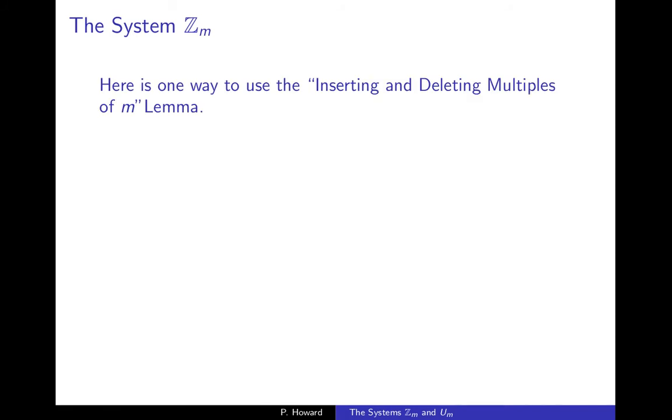So here's one way we could use the inserting and deleting multiples of m lemma. I want to find minus 11 mod 5. Well, I know that inside this mod m, I can add or subtract multiples of 5 without changing the value of the expression. So I'm going to add 5s. Could use the division algorithm to do this, our sort of long method for finding a negative number mod 5.